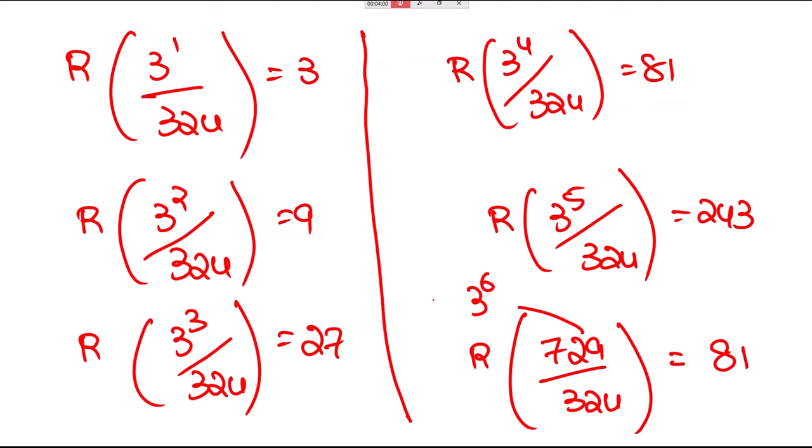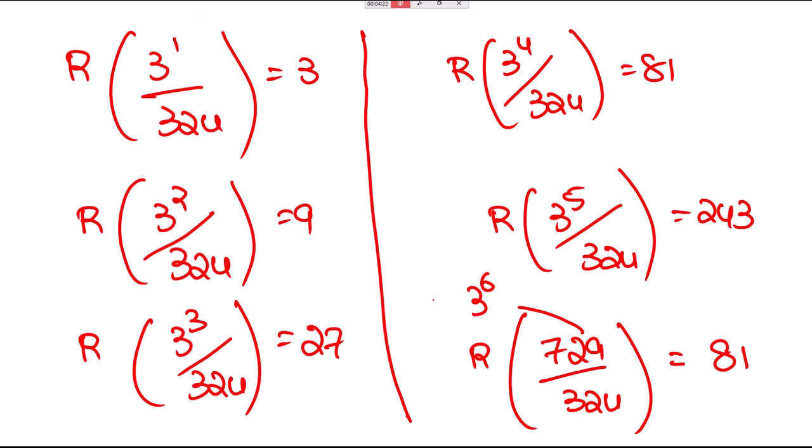After 3 power 3, we can simply say this is simple. Up to 3 power 3, ignore. After 3 power 3, if the power is even we get 81, and if the power is odd we get 243. 3 power 164 is already after 3 power 3. No need to subtract 3, and no need to enter into cyclicity.